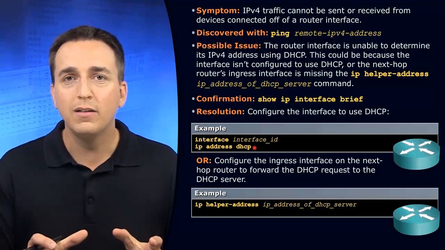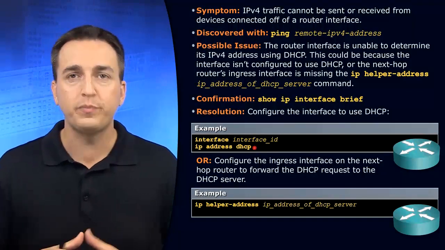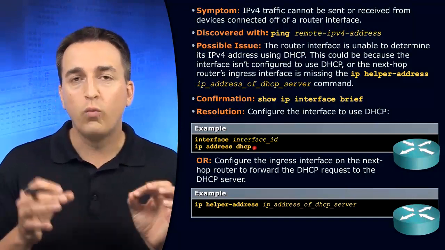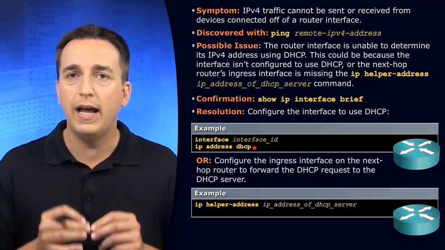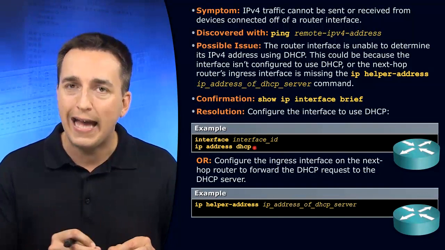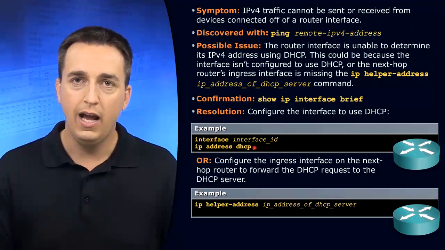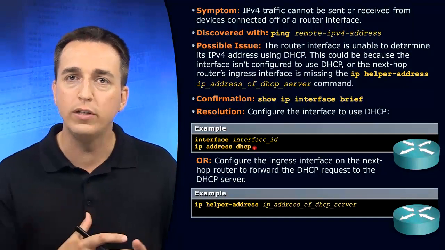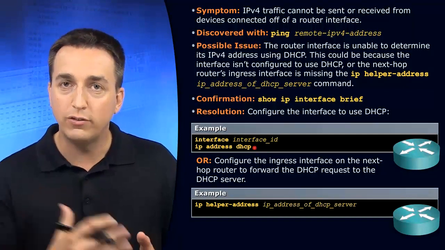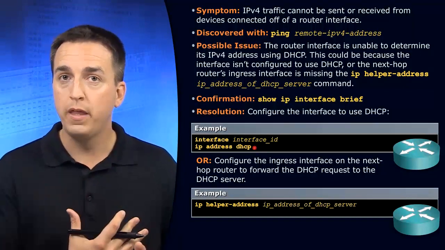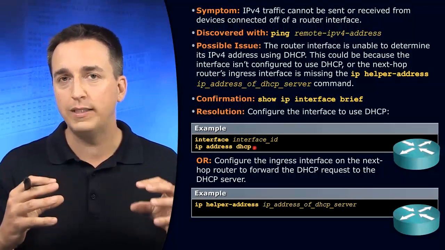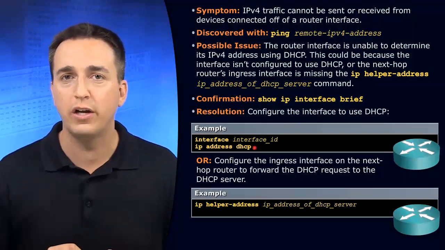But one of the most often overlooked things is that the router has to have an appropriate IP address on the interface that it's going to be handing out addresses from that pool. So the router receives that DHCP discover message on an interface.